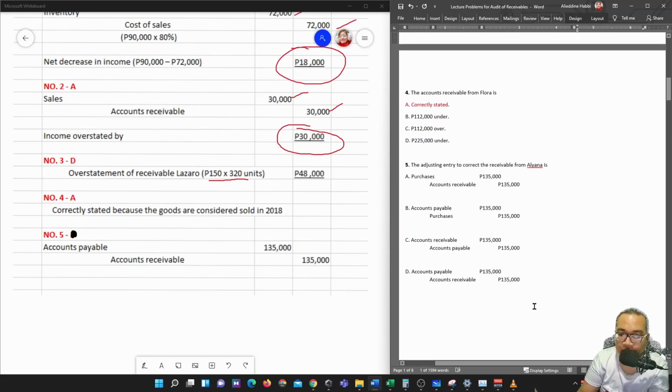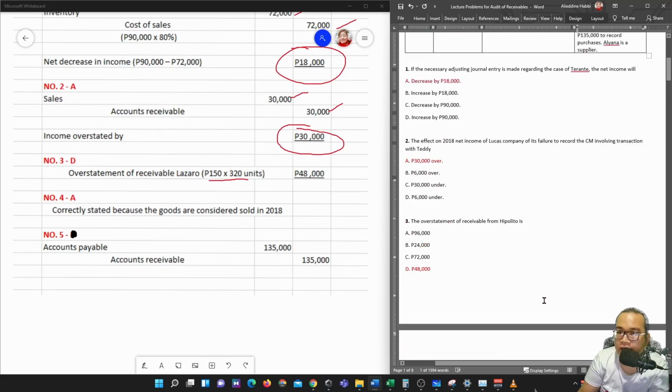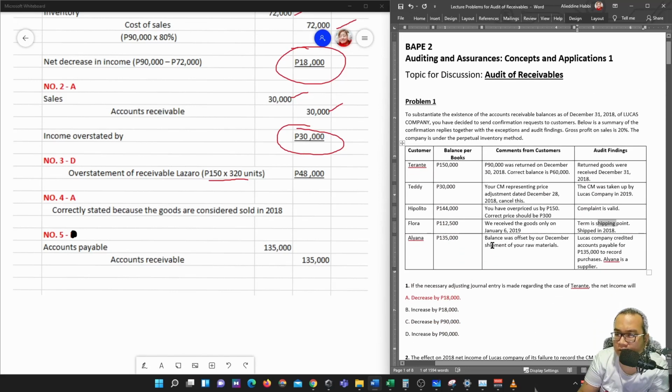So correctly stated yan. And lastly, the adjusting entry to correct the receivable from Aliana is, balance was offset by 135. Balance was offset by our December shipment of raw materials. So, okay. Basically, si Lucas nagbenta ng goods kay Aliana.